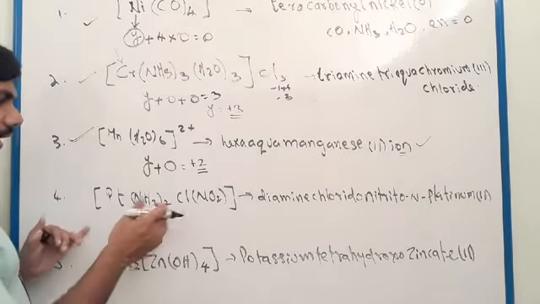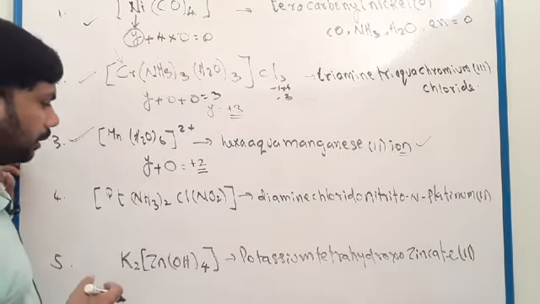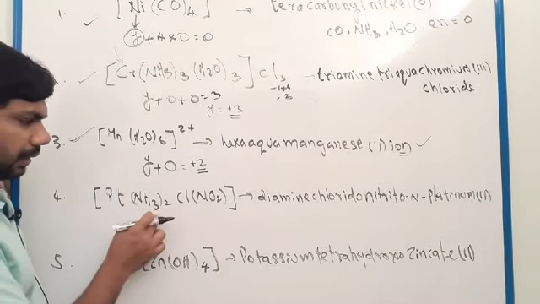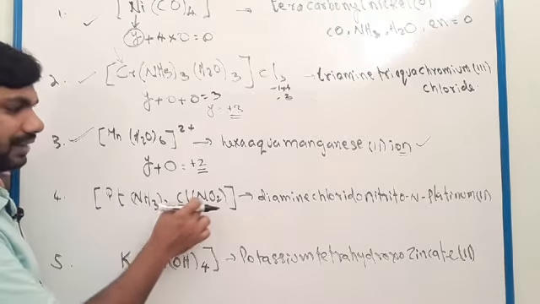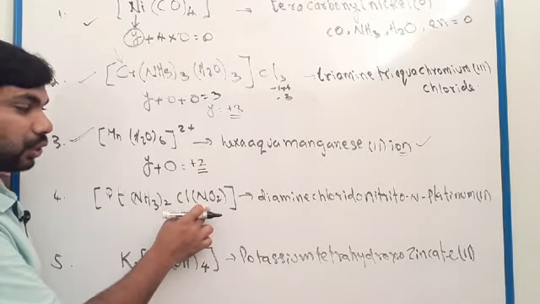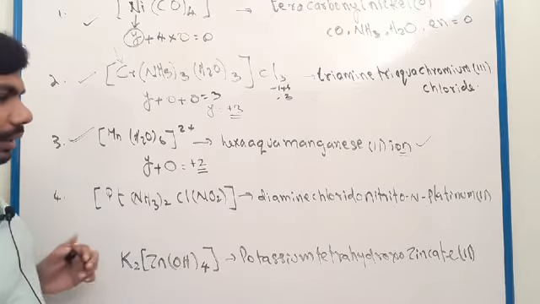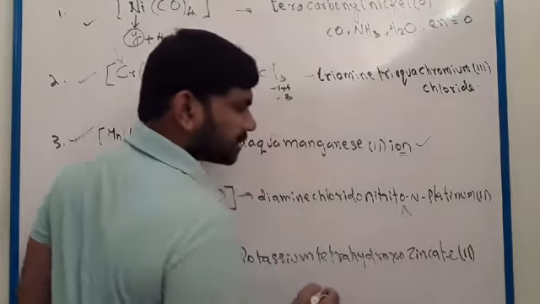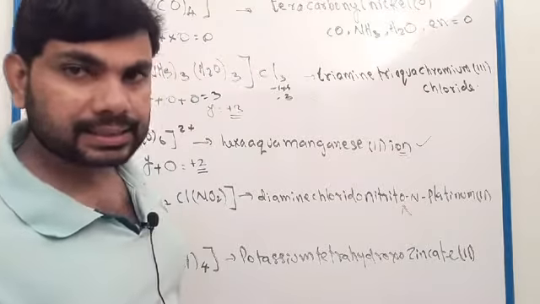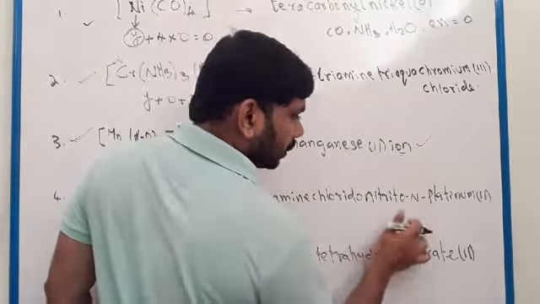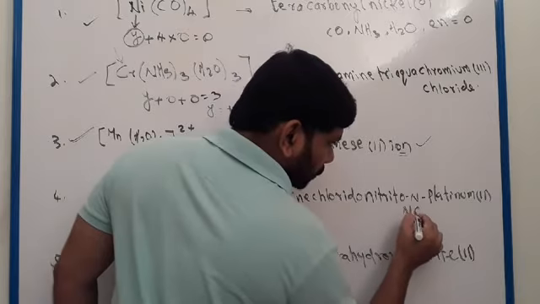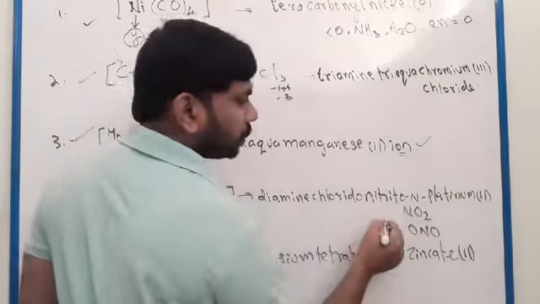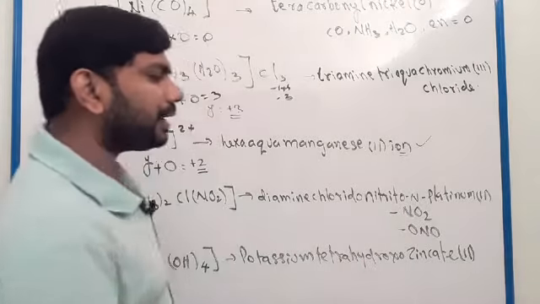Look here, another example. Here 3 ligands: ammine, chlorido, nitrito-N. You have to remember, we discussed ambidentate ligands. NO2, ONO, NO2, ONO. These are ambidentate ligands.